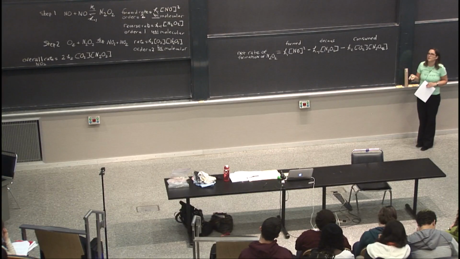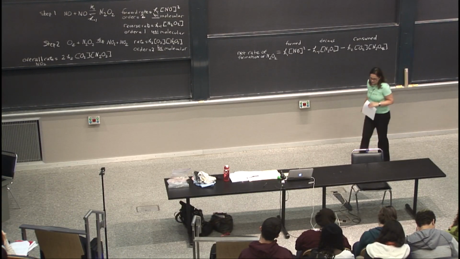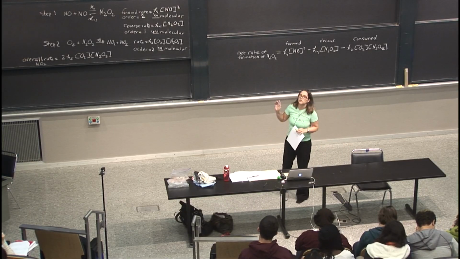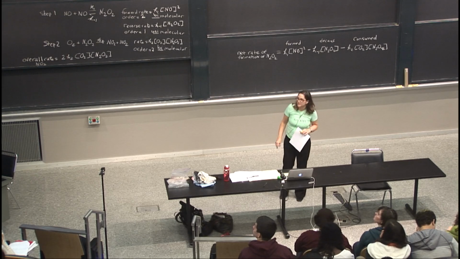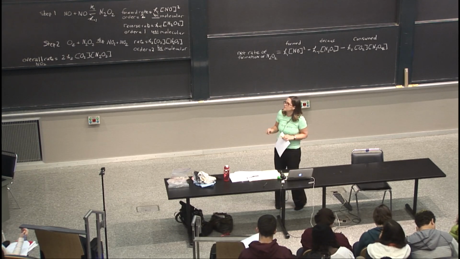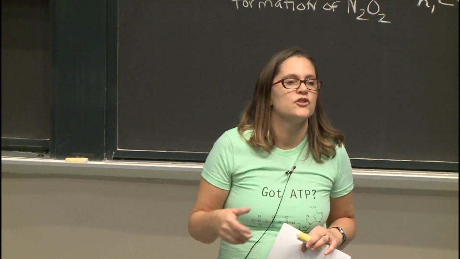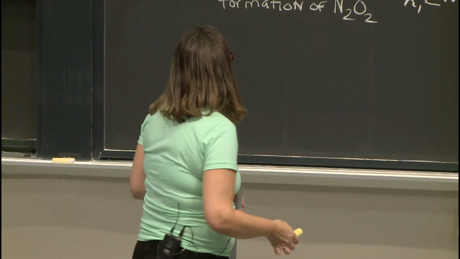So at this point, we have to use what's known as a steady state approximation. Pretty much everything, when I'm talking about reaction mechanisms, we're going to use the steady state approximation. And that is that the rate of formation of intermediates equals the rate at which they go away. So the net rate is 0.